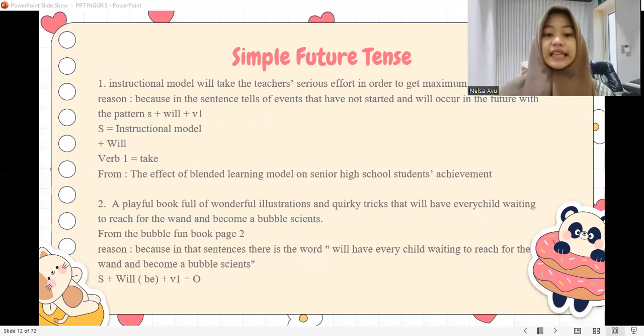Reason: because in that sentence there is the word will, "will have every child waiting to reach for the next one and become a bubble scientist." The pattern is subject plus will plus verb 1 plus object. Reference from the Bubble Fun book, page 2.